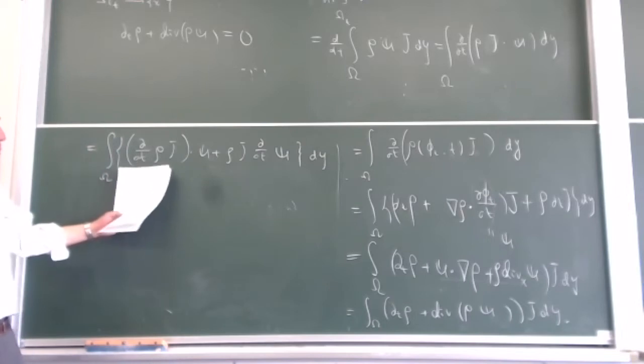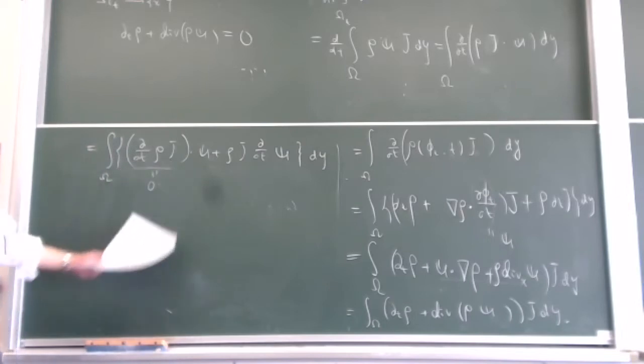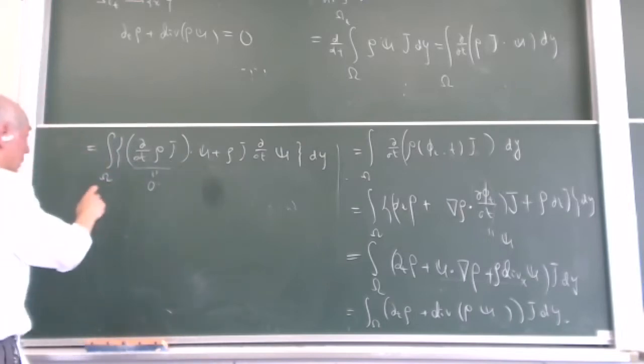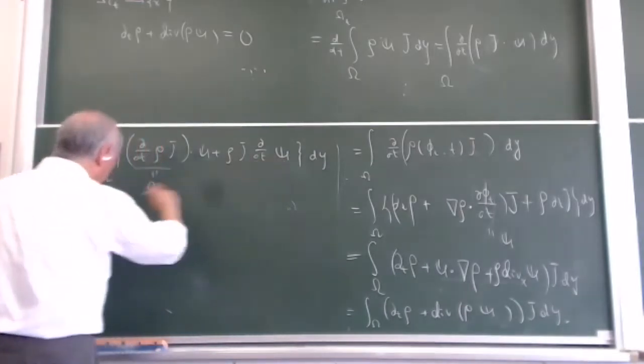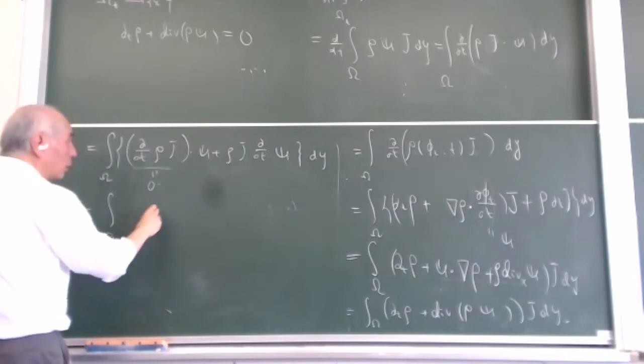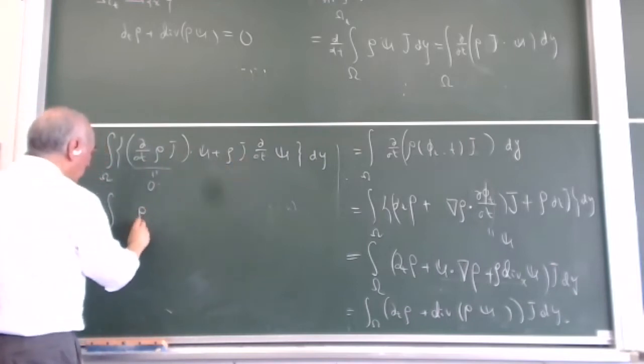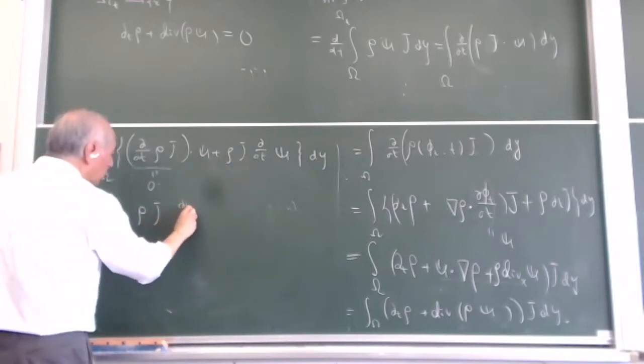We already assumed conservation of mass, so this is zero. Therefore, just only this one remains. And this is the same calculation as before: j du dt.